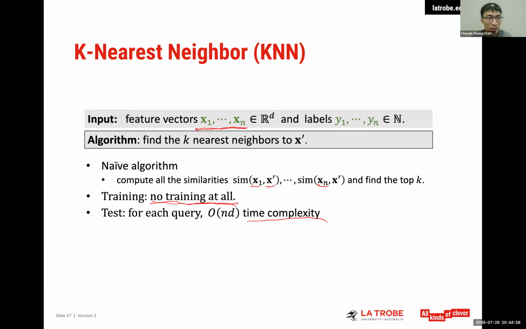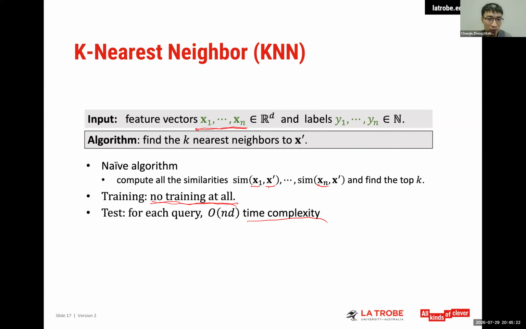For those models, you will see that the model can generate the prediction almost instantly. But for k nearest neighbor, every time it needs to recalculate those distances, sort them, and find the top k, so it takes time.